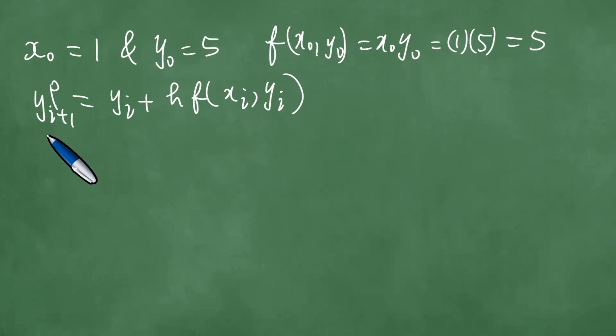So in other words, what are we actually going to get at this point? Because you have already got x0, y0.